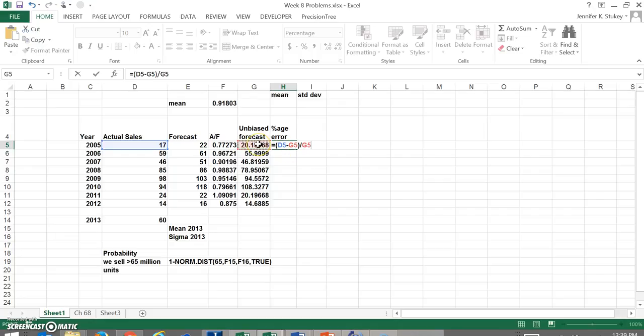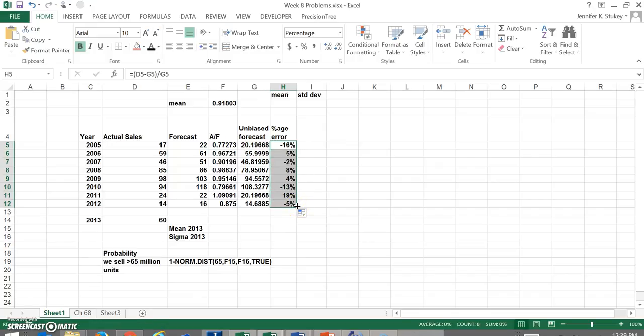So my unbiased forecast ends up being my denominator. In this case, it's D5 minus G5, and then all of that over G5. You should get negative 16% when you do that. Then again, copy and paste that all the way down.